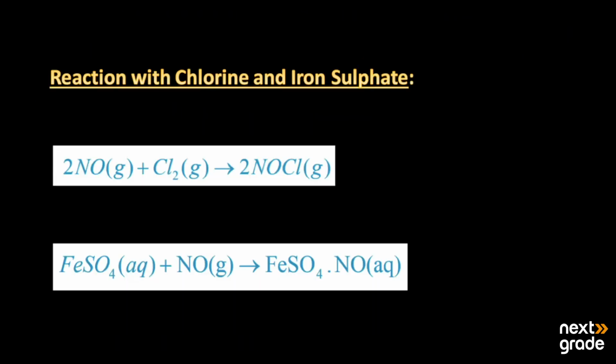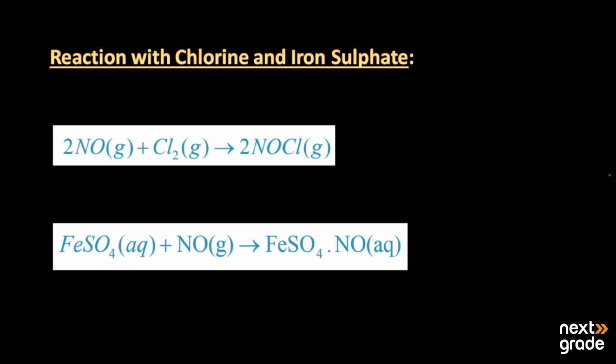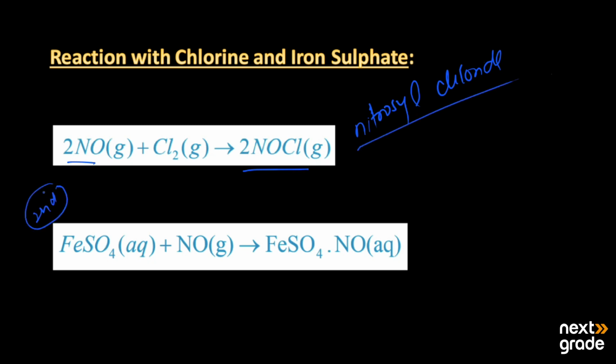Next we have its reaction with chlorine and iron sulfate. Nitrogen oxide can also react with chlorine, and it forms a product called nitrosyl chloride. On the other hand, its second reaction is with iron sulfate, FeSO4.